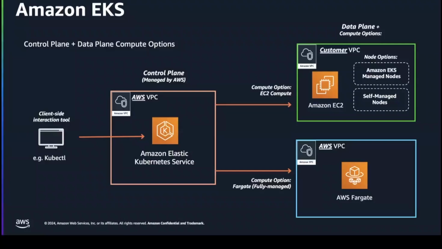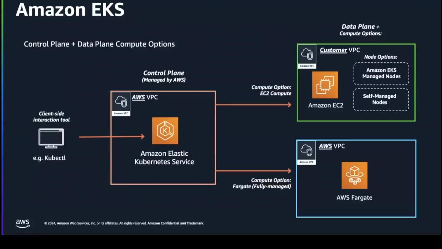So moving to the right of the screen here, from a compute perspective, most commonly we see customers still running these compute instances on EC2, but that can be in a couple of different ways. You can self-manage the nodes if you want to have a little bit more control, but putting things into a managed node group allows us to have flexibility and use things like Karpenter and spot instances and auto scaling groups to be able to dynamically respond to the needs of the application, rather than having to manually provision infrastructure and manage the growing and shrinking of those compute resources.